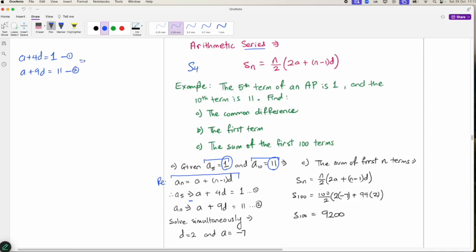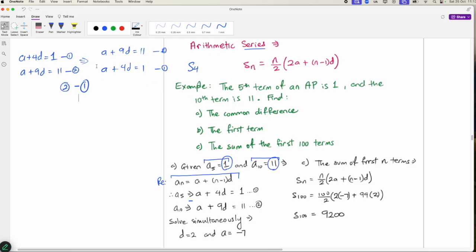And I'm just gonna flip them. I'm gonna put the A plus 9D is equal to 11 on top, and I'm gonna put the A plus 4D is equal to 1 underneath. Right? This is equation 2 and this is equation 1. And I'm just gonna go equation 2 minus equation 1. This is the process of elimination.